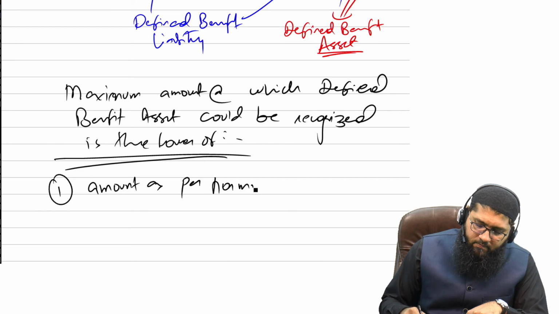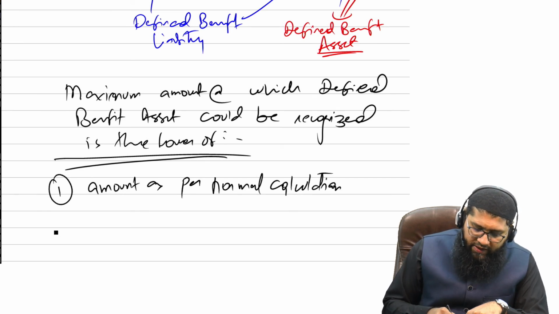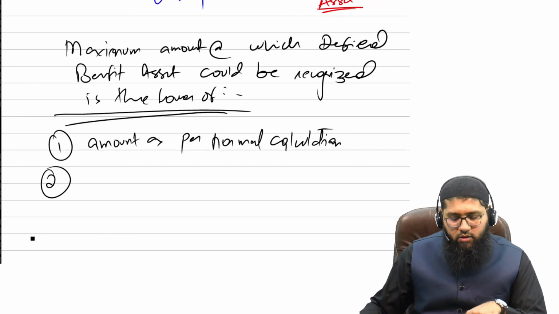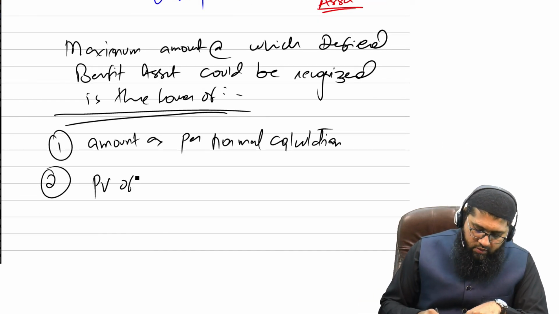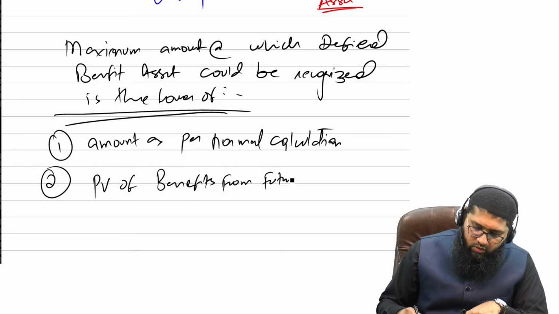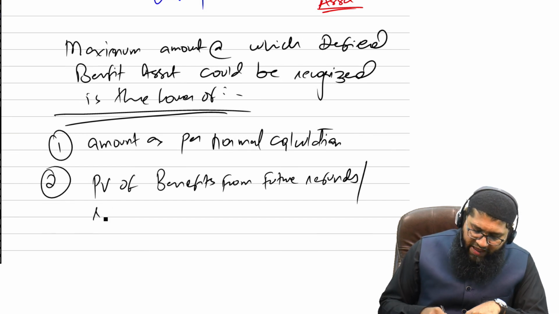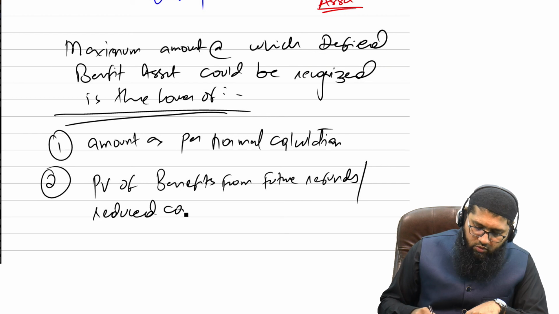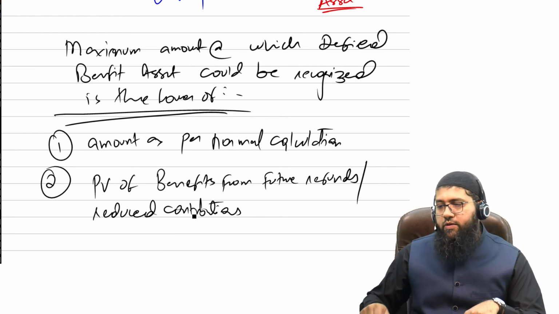The amount as per normal calculation, or the present value of benefits from future refunds or reduced contributions.